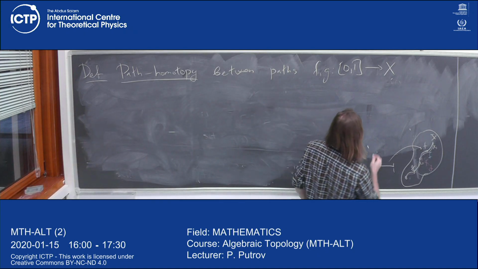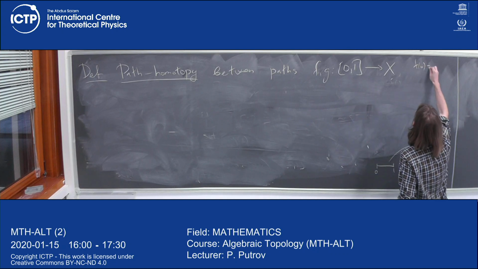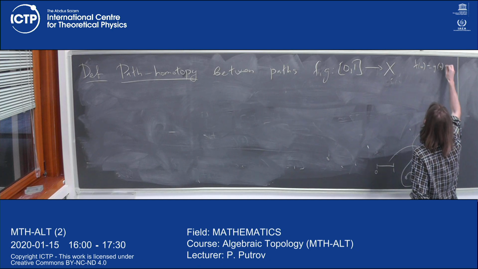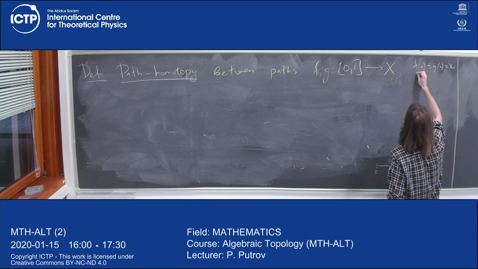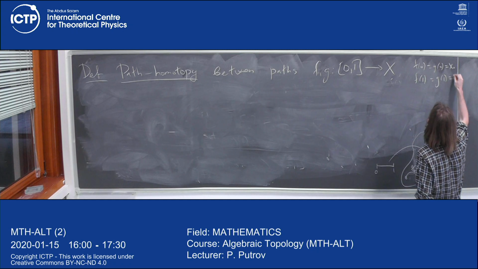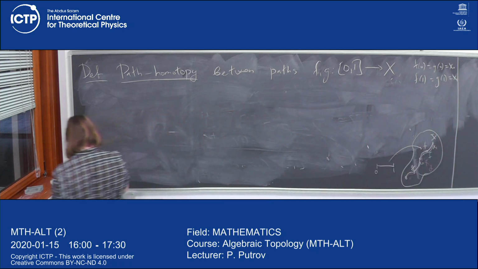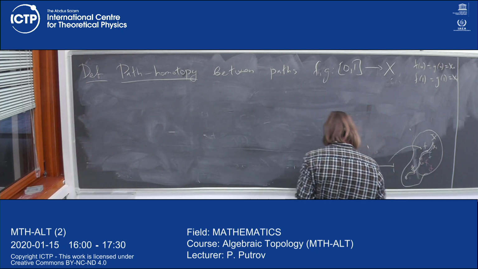We need to consider a pair of paths which have the same endpoints: the same start point and the same end. These are considered fixed.